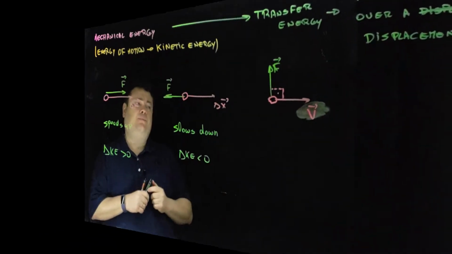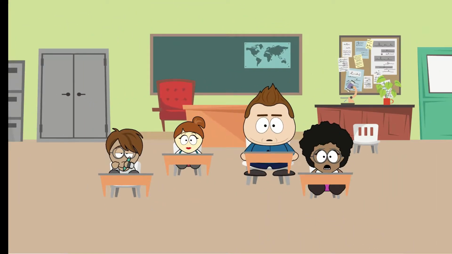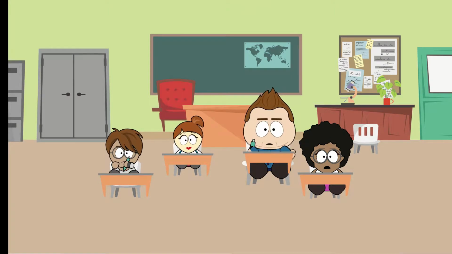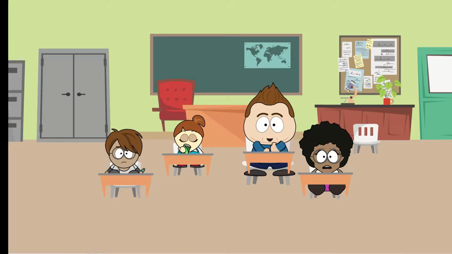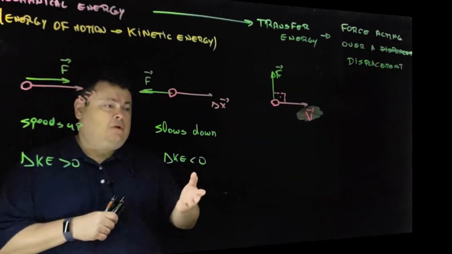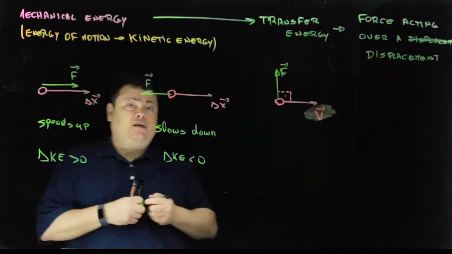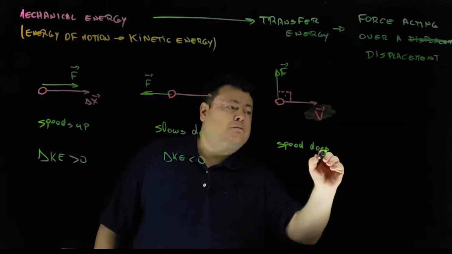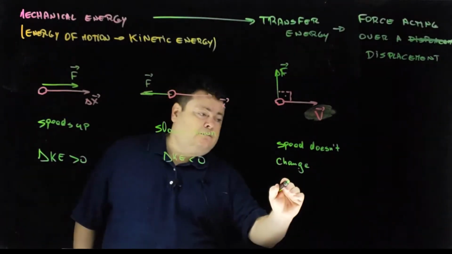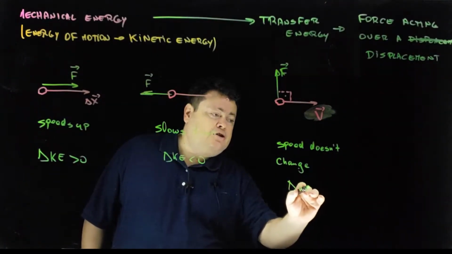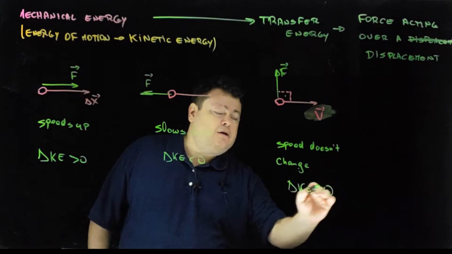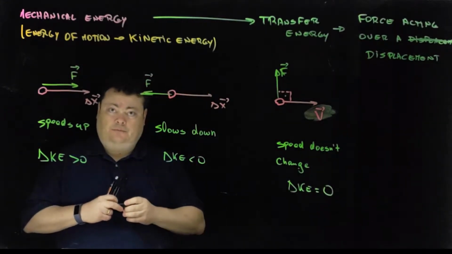What's happening now? The force is neither in the same direction, nor in the opposite direction of the velocity. I guess the speed of the object will not change. Is it possible that the energy does not change as well? Exactly. The speed does not change, and therefore, the change in energy caused by this force is zero.